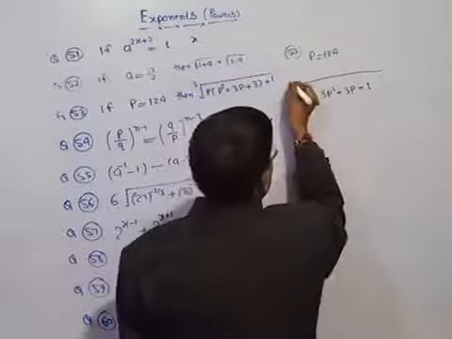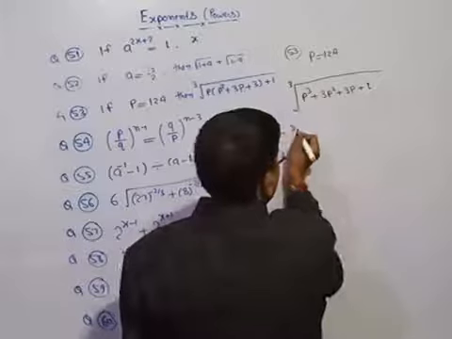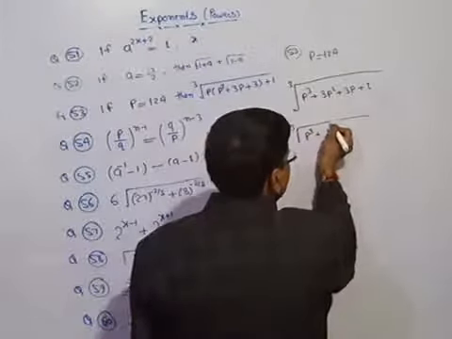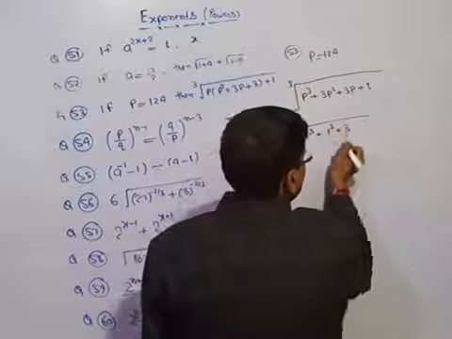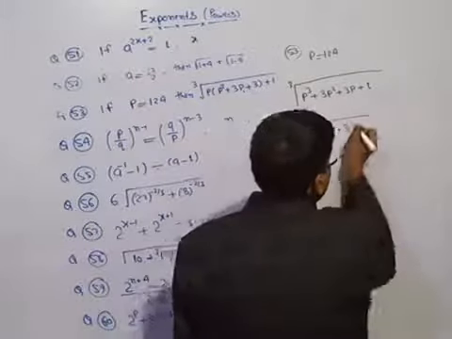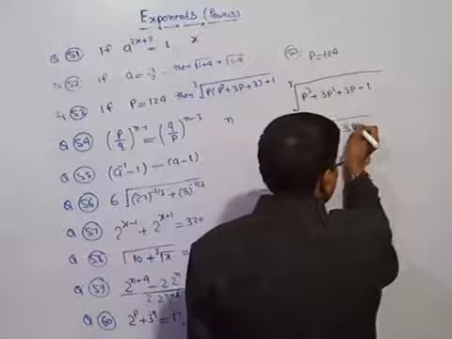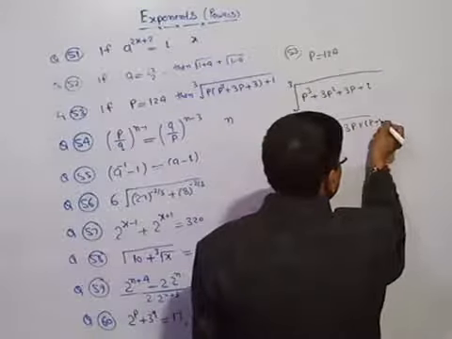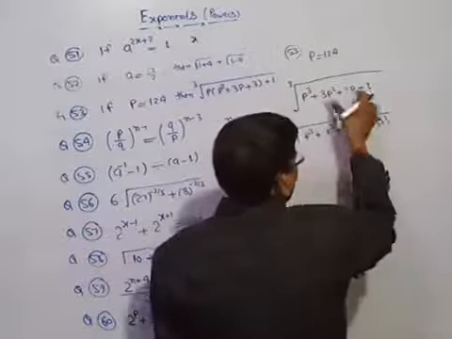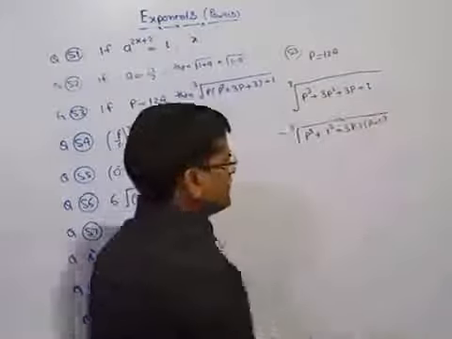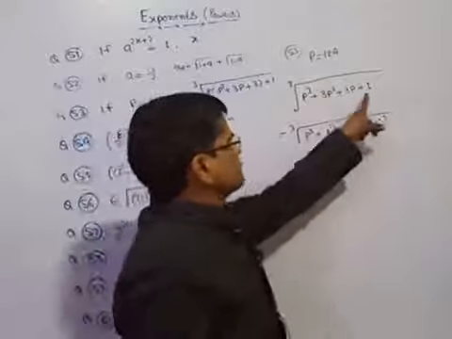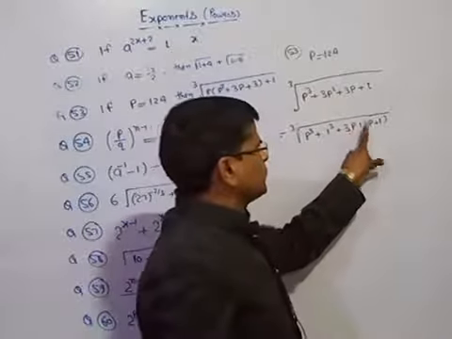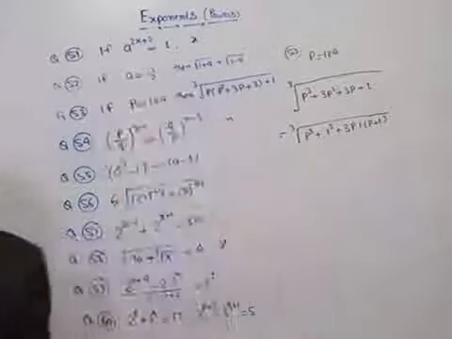Now power is 3, so we can write this type: a cube plus b cube plus 3ab bracket a plus b.